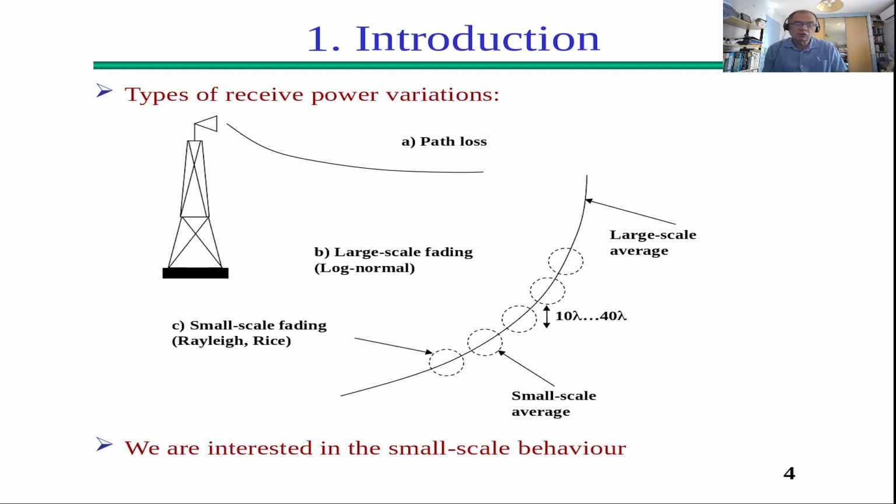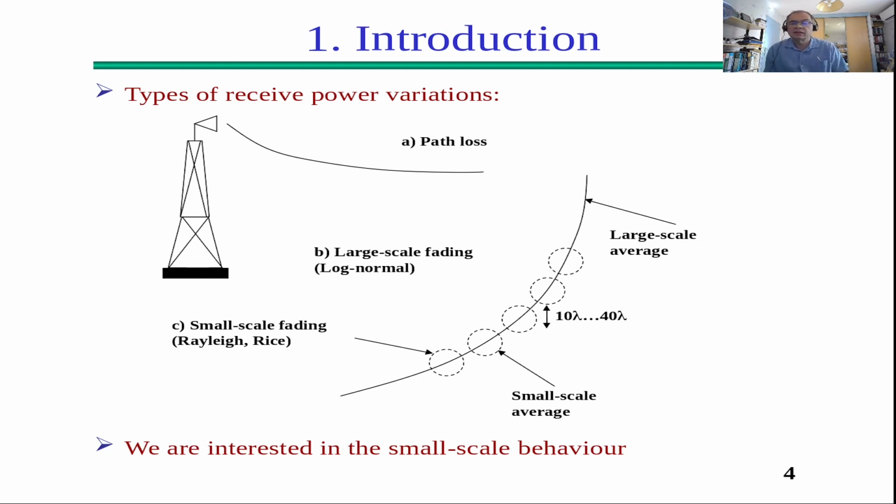The cause of that is the fact that you've got multiple paths which interfere with each other. Then the amplitude we see for this power variation follows a Rayleigh or Rice distribution. If you look at larger distances, let's say several hundreds of wavelengths, you get large scale fading.